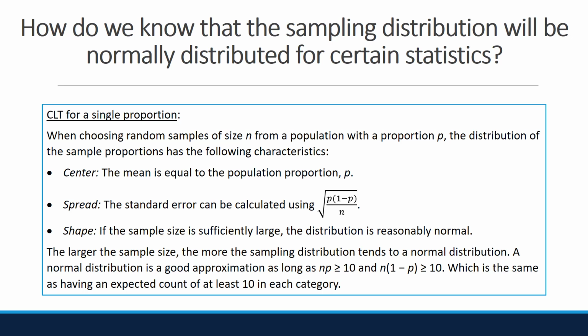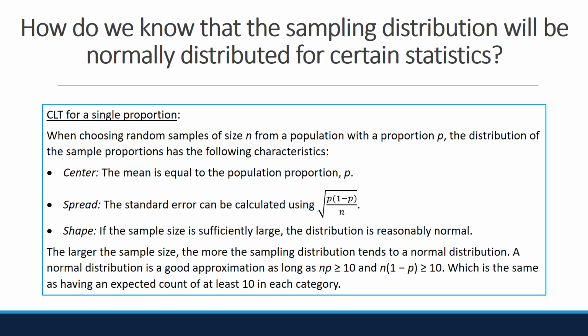Central limit theorem for a single proportion. When choosing random samples of size n from a population with proportion p, the distribution of the sample proportions has the following characteristics. In other words, what we're describing is the behavior of p hat. Center: the mean is equal to the population proportion p.